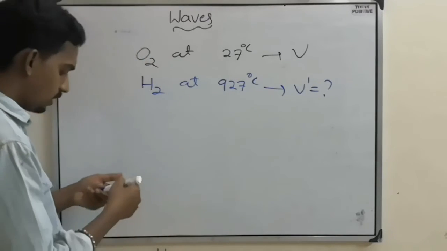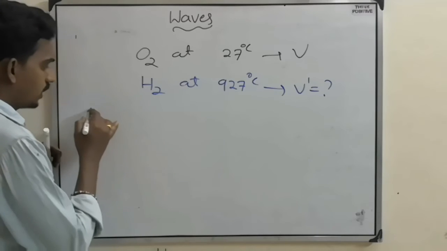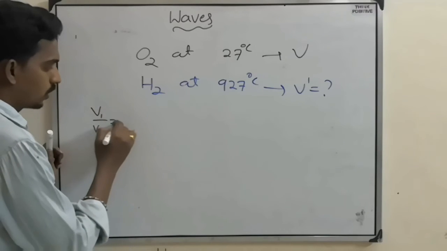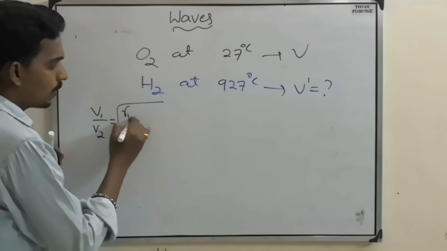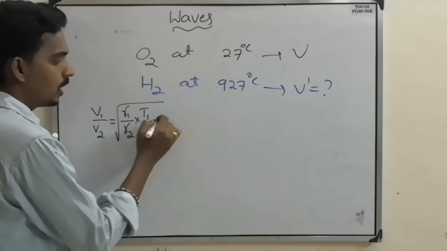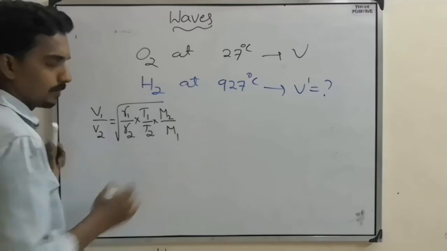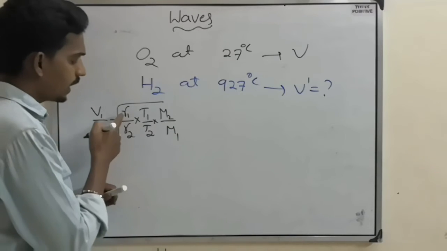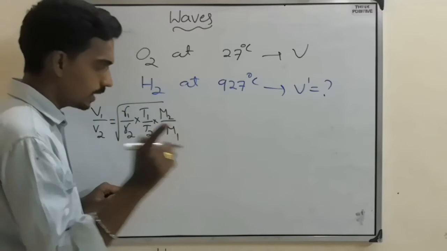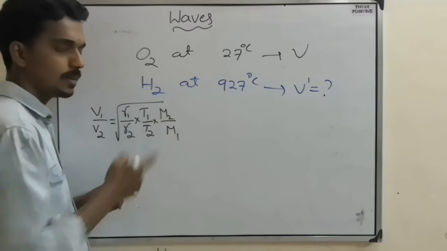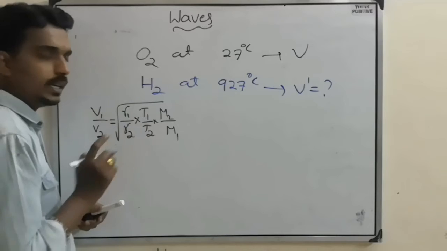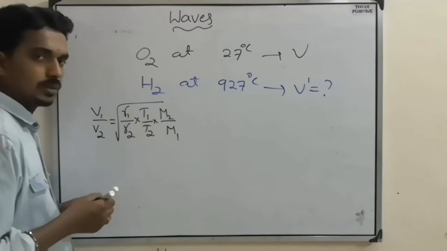As I said, in comparison we will take V1 by V2 equals under root gamma 1 by gamma 2 into T1 by T2 into M2 by M1, because speed is directly proportional to gamma and temperature but inversely proportional to mass. First thing, compare the gamma values.